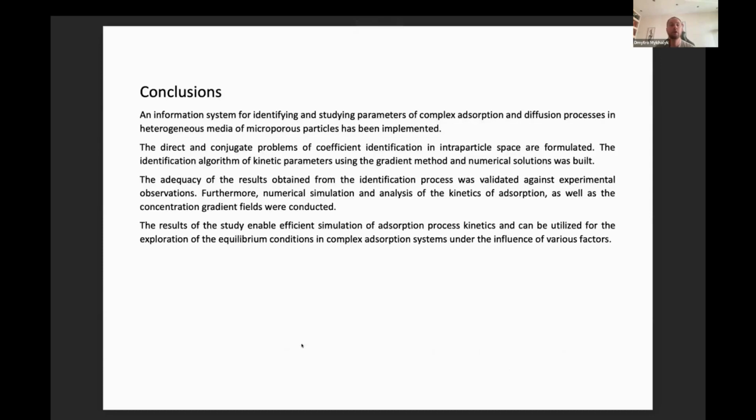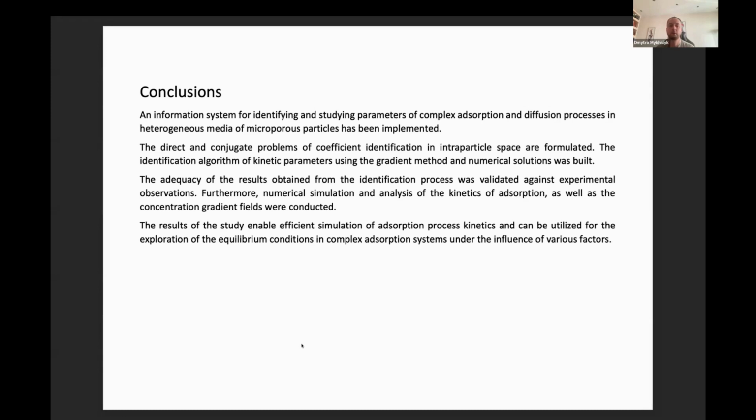In conclusion, an information system for identifying and studying parameters of complex absorption and diffusion processes in heterogeneous media of microporous particles has been implemented. The direct and conjugate problems of coefficient identification in intraparticle space are formulated, and an identification algorithm of kinetic parameters using gradient methods and numerical solution was built.